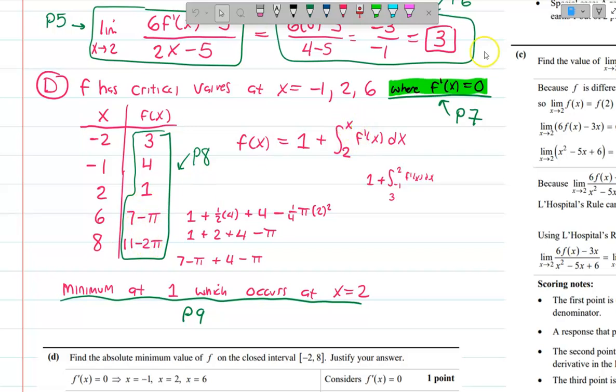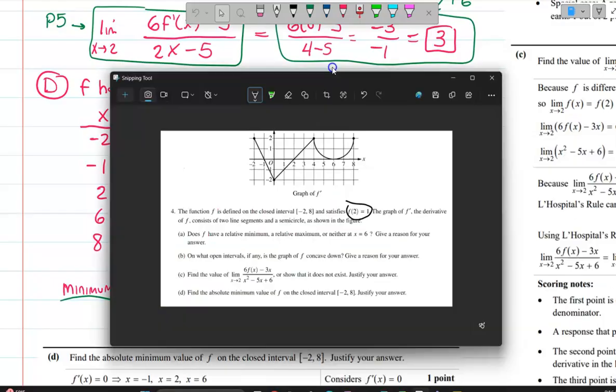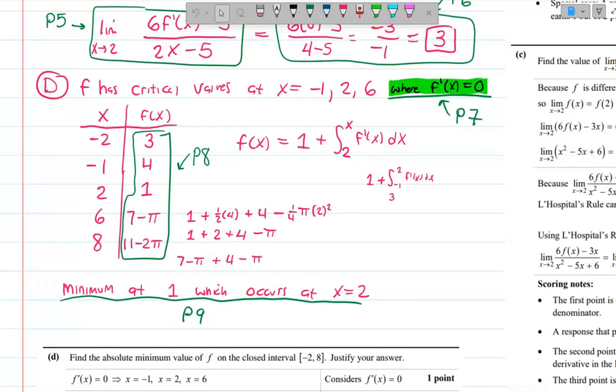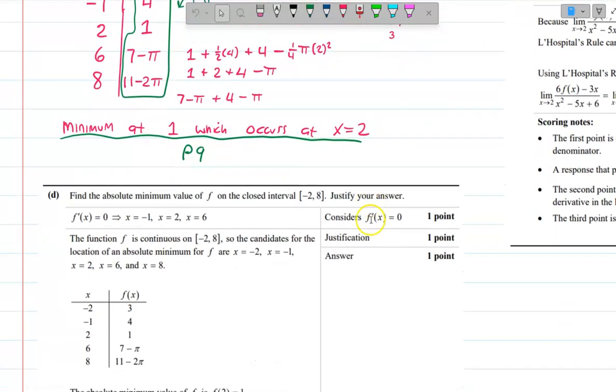The note for 6 and 8 is we have a semicircle here, but it is a semicircle with the semicircle removed. So you have to find the area of the rectangle and then remove either the quarter circle or the semicircle depending on the situation that you're trying to find here for x equals 6 or x equals 8. And then your final point is just identifying of these 5 candidates that the minimum value here is 1 and that occurs at x equals 2.